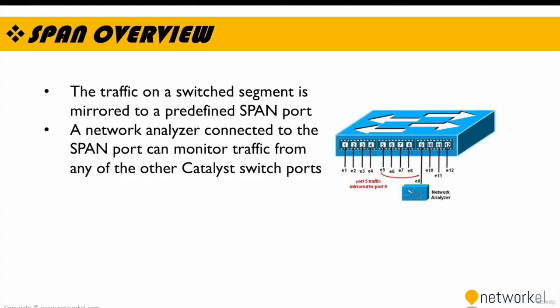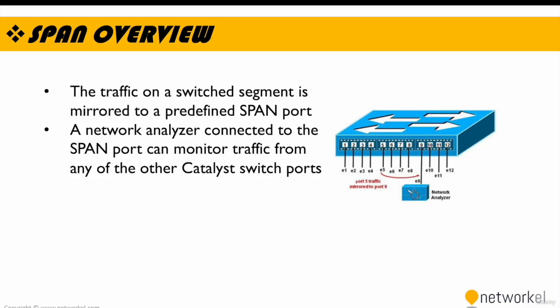operations. So SPAN works by directing a copy of network traffic from one or more source ports to a designated destination port. So basically, network administrators specify one or more source ports or VLANs from which they want to monitor the traffic.